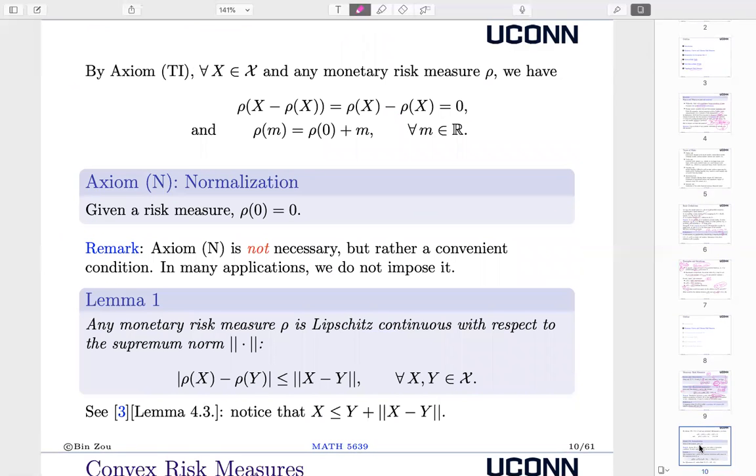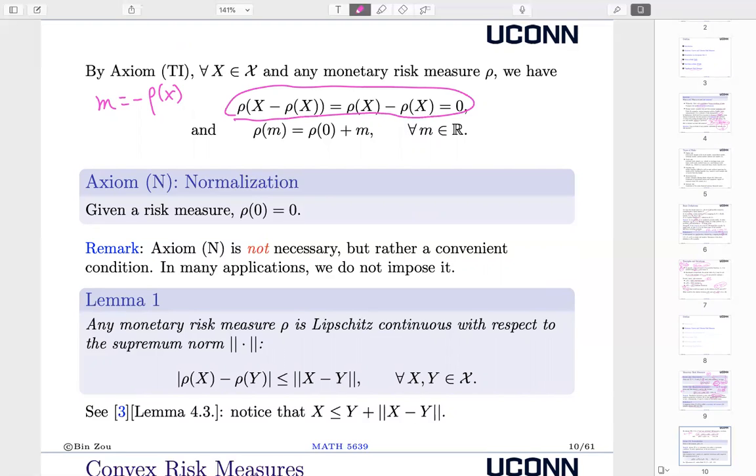A nice thing from the translation invariance is that we can take a special value for m, and we take m to be negative rho of x. Again, rho is a risk measure, so rho of x is a real number, and negative rho of x is also a real number.